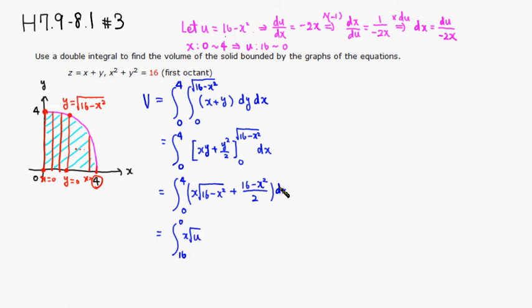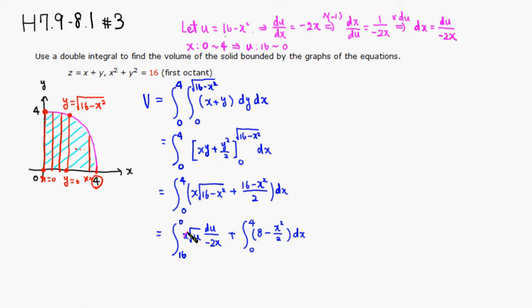Then dx is just du over negative 2x, so I'll take care of that with the substitution. For the second part, I'll just do a regular antiderivative: from 0 to 4, 16 over 2 is 8 minus x squared over 2, dx.